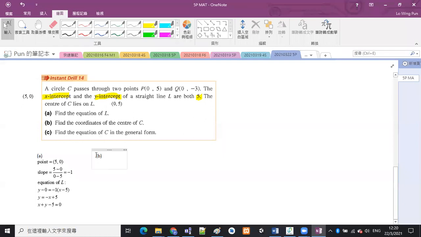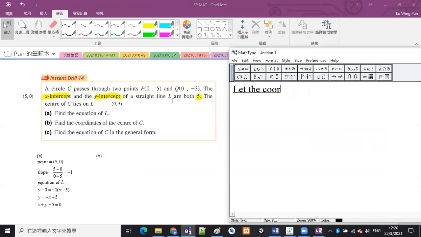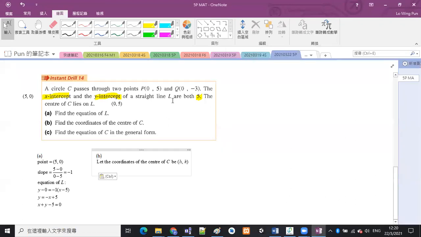Then part B. Same question as the one in example 14. We are going to find the coordinates of the center of C, okay? And we do not have any x coordinate or y coordinate of the center of C. So we will let the coordinates of the center of C be (h, k) first, okay?